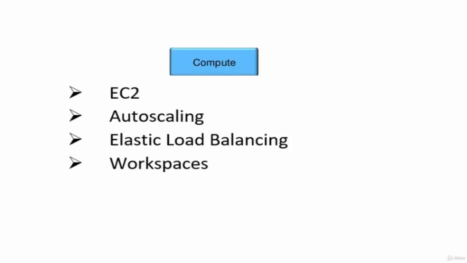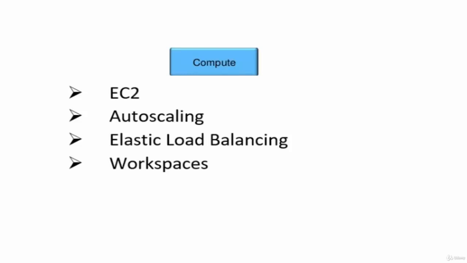The classic load balancer is ideal for simple load balancing of traffic across multiple EC2 instances, while the application load balancer is ideal for applications needing advanced routing capabilities. Application load balancer offers the ability to route traffic to multiple services or load balance across multiple ports on the same EC2 instance. So now moving on to workspaces.